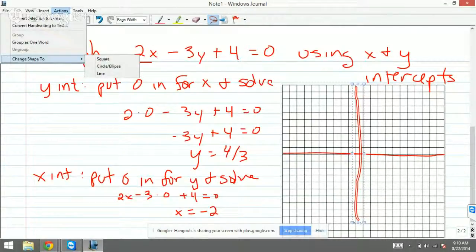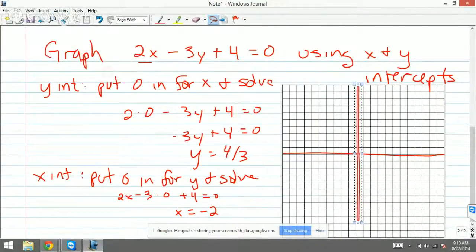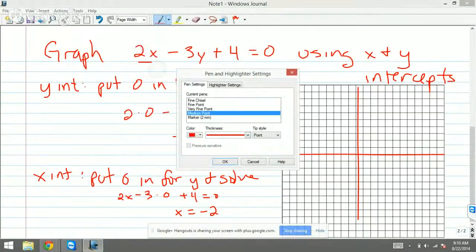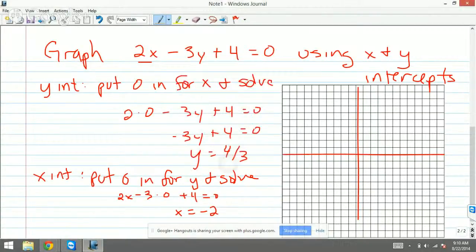Go ahead and graph those two, the x-intercept and the y-intercept. Okay, x-intercept.